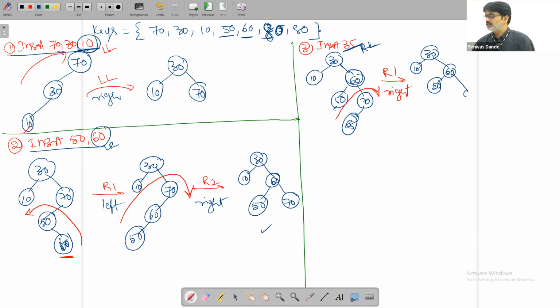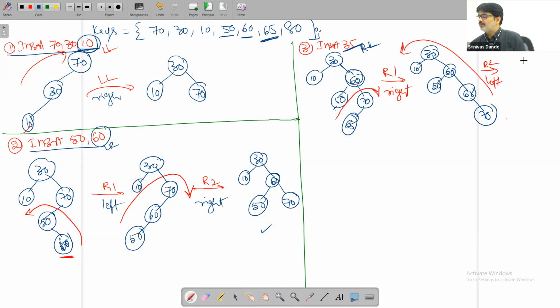So 65 means here it comes and 70 can come down here. You keep 65 here, then 80. We are at 65. So right is over. Then we have to do left. So the second rotation, you do the left.